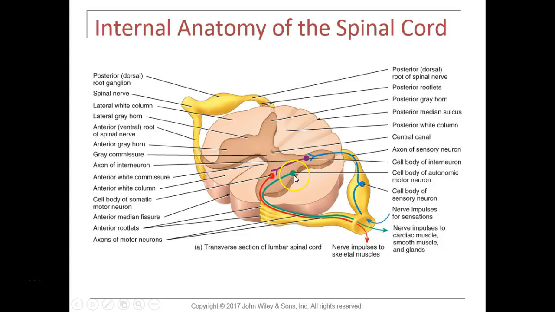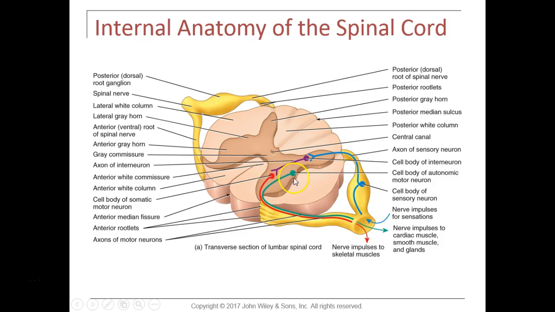The motor neurons that are associated with the autonomic nervous system will have their neuron cell bodies embedded in the lateral gray horn, whereas the motor neurons for the somatic nervous system, that is to say the motor neurons that innervate and activate skeletal muscle contraction, always have their neuron cell body in the anterior gray horn, just like this picture shows us here.